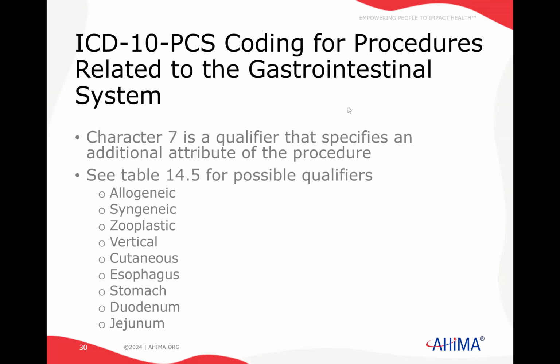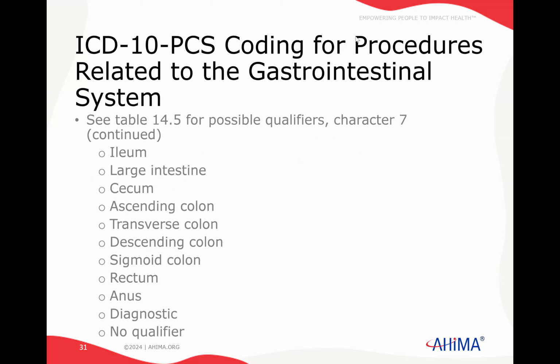All those are possibilities. But yet we have more. We have more qualifiers, and we'll see some examples of these. We have the ileum, large intestine, cecum, ascending colon, transverse colon, descending colon, and so forth.